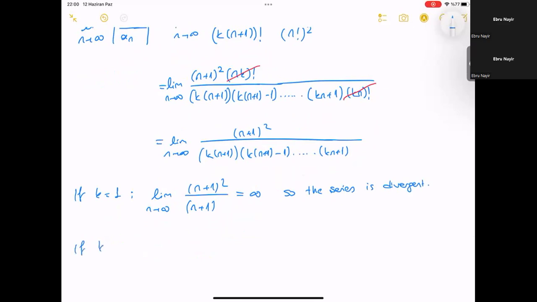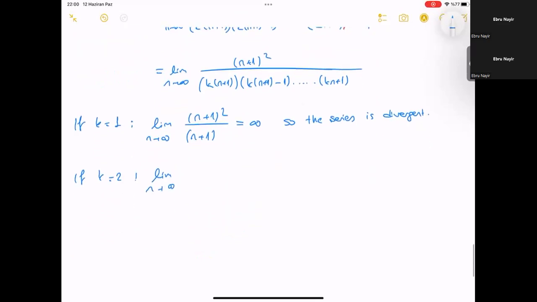Now, if k equals 2, what do we have? Again, write the limit. We just plug here k equals 2. So what do we have? n plus 1 squared again over 2 times n plus 1, the first one, then 2 times n plus 1 minus 1.